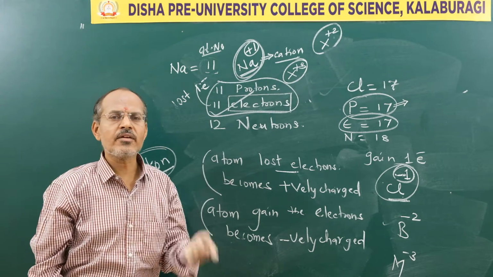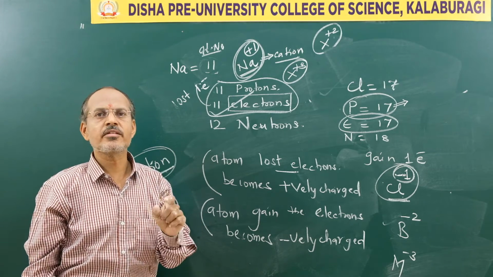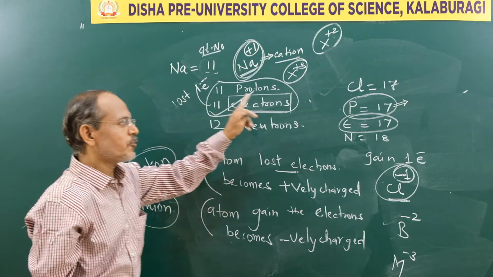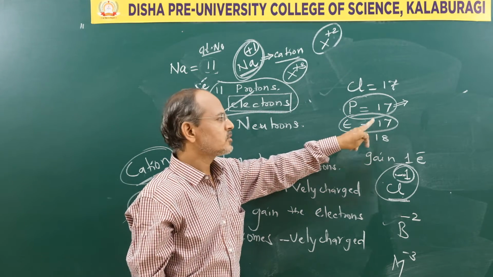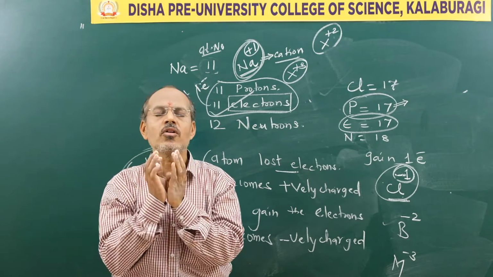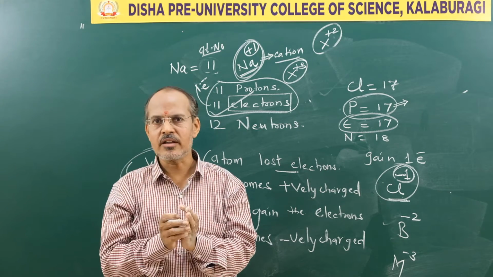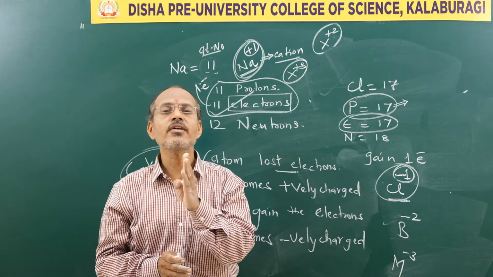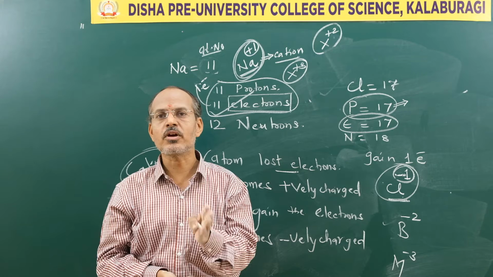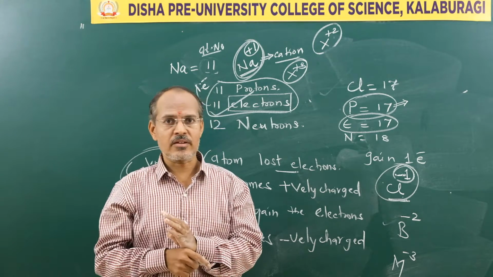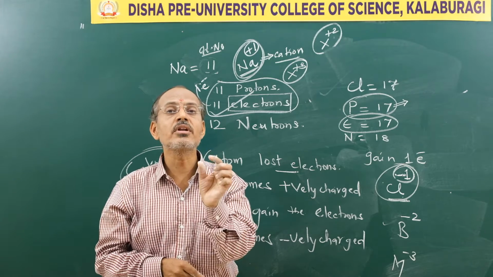If protons are 11, electrons should be 11 only. If protons are 17, electrons are also 17. That means the number of protons is equal to the number of electrons, and that state we call the neutral state.